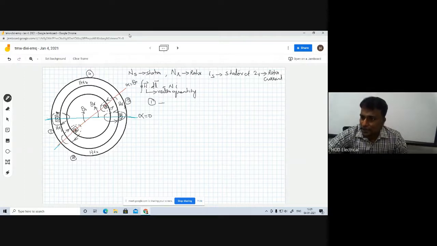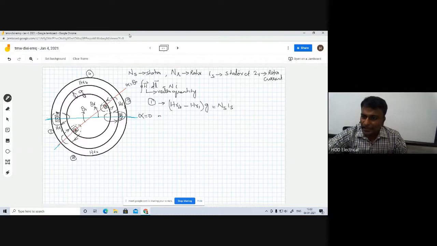So for the first contour we can write HR4 minus HR1, times the air gap length, which is LG, or maybe you can write the air gap length as G. So accordingly we can write the line integral of (HR4 minus HR1) times G is equal to, which winding is excited? Stator winding is excited. So the number of turns in the stator winding times the current flowing through the stator winding.